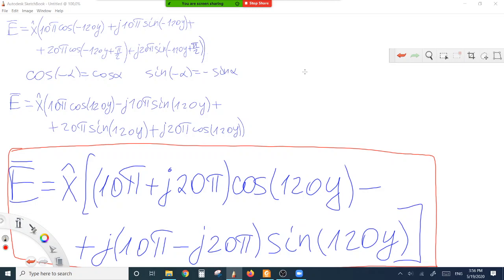This is all for today. Try to derive the other two forms of this electric field intensity, and from the coming lesson, we need to start electromagnetic waves.